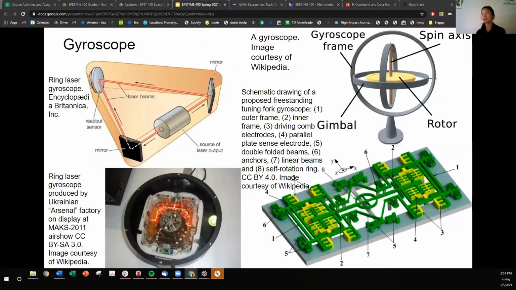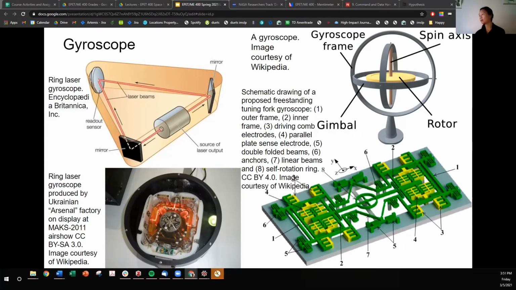Okay, so another type of in situ sensor is a gyroscope. We did talk about gyroscopes last lecture in terms of control, but you can also use gyroscopes to measure angular rotation.